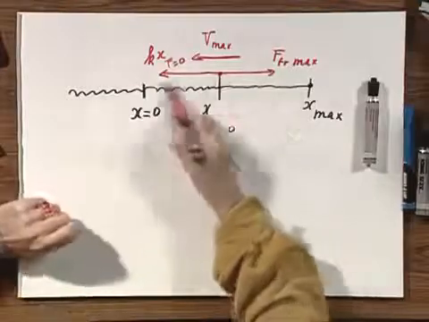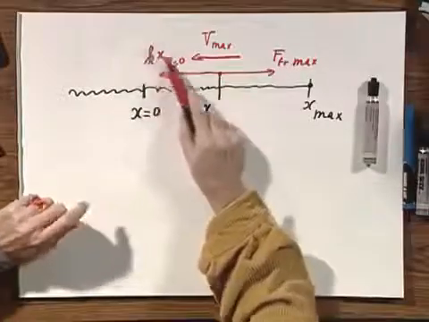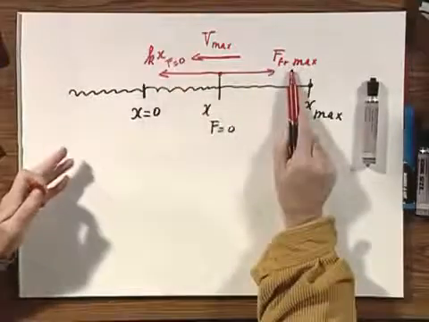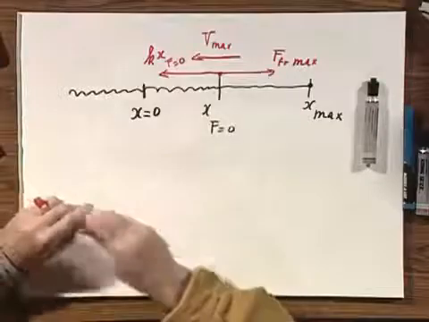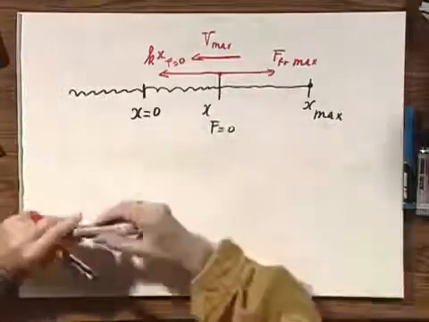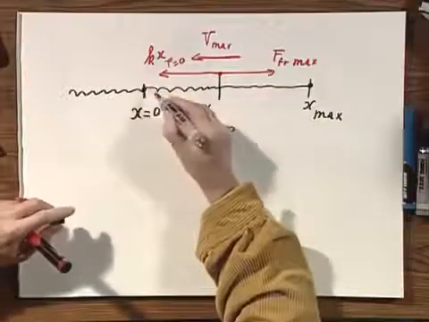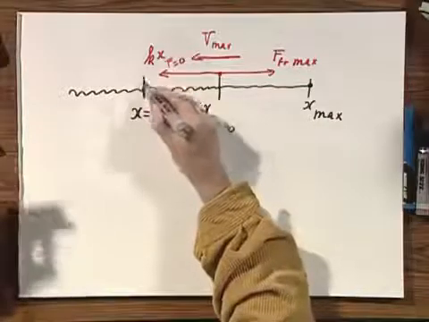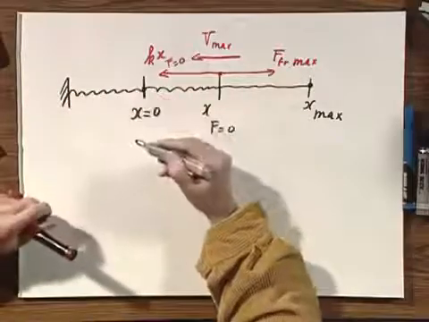Now, from this moment on, it has a certain speed. This force becomes smaller and smaller and smaller, but this one stays the same, so the object is going to decelerate. And let's now ask the question, will it reach point x equals 0, that is the position where the spring is relaxed, and what speed will it have?